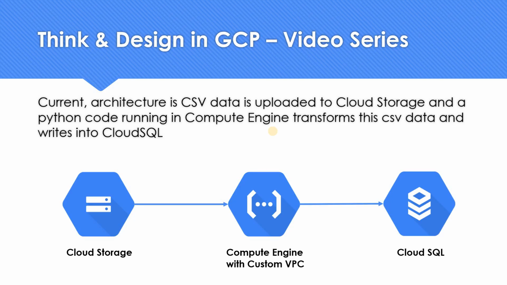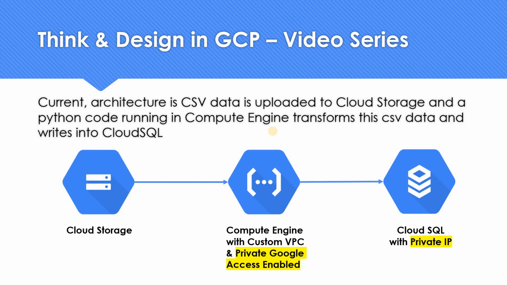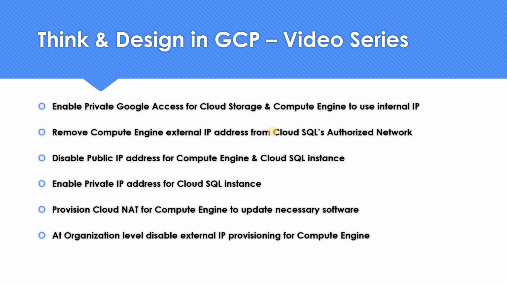Now just a recap of the solution we proposed. We enabled private Google access, and for Cloud SQL we enabled private IP address. First, we enabled private Google access so that the communication between Google Cloud Storage and Compute Engine can use internal IP addresses. Second, we removed the external IP address for our Compute Engine and removed the authorization in our Cloud SQL instance, disabling the public IP address.